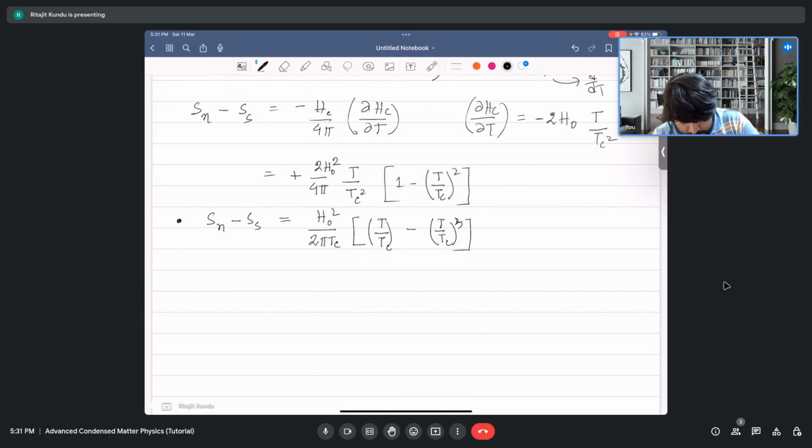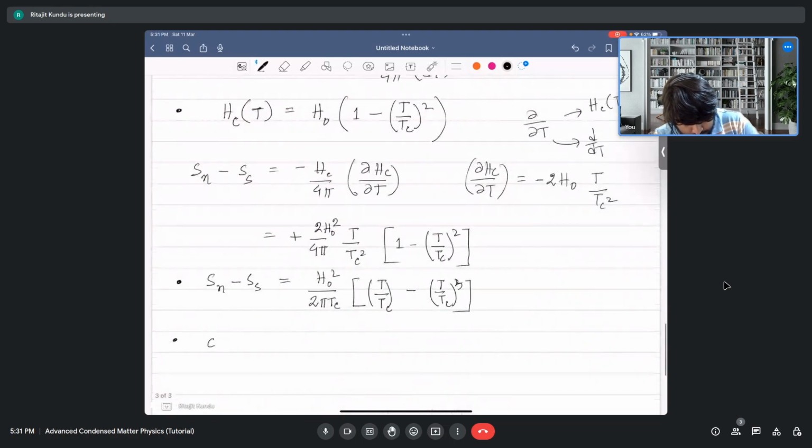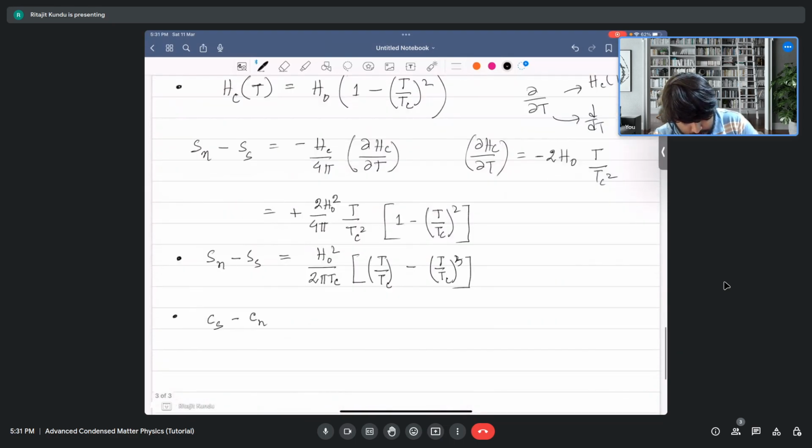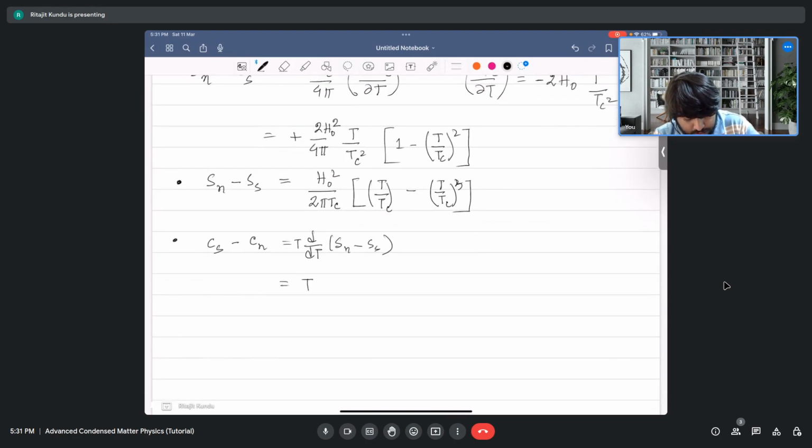The other thing is we want to calculate Cs minus Cn, which will be given by T times d/dT of (Sn minus Ss). We can just take the derivative. T times H naught square by 2 pi Tc, and the derivative from the first term will give us 1 by Tc, and the derivative from the second term will give us 3 T square by Tc cube.